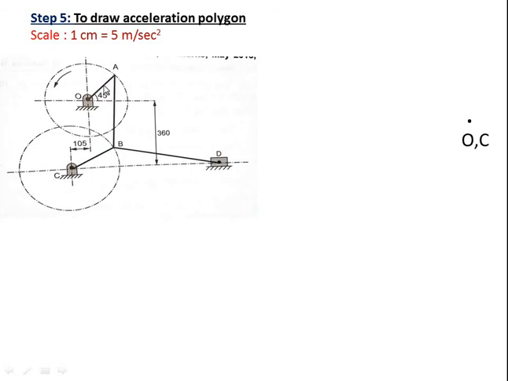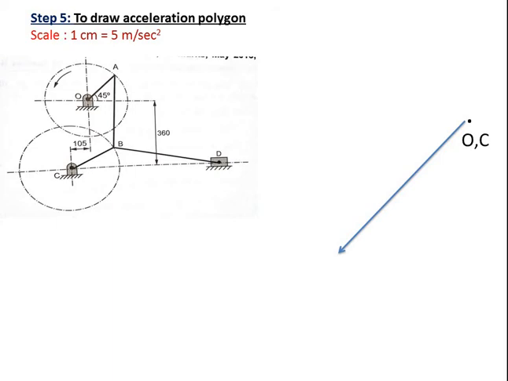So first we will locate centripetal acceleration of crank OA. So centripetal acceleration of crank is parallel to OA towards the center of rotation. So O is the center of rotation for link OA. So centripetal acceleration will be towards O, means downward. So once you say downward, then from O draw a line, vector parallel to OA, and of magnitude equal to the centripetal acceleration which we have calculated in the table.